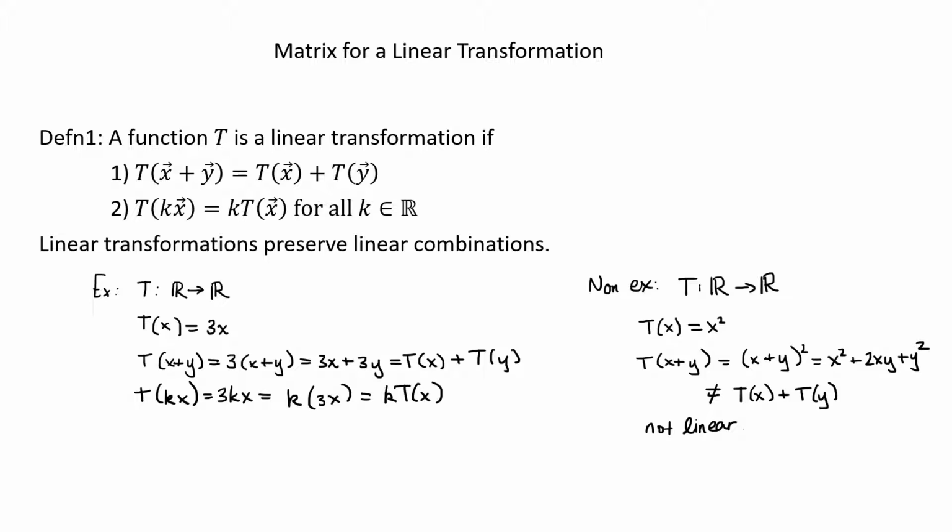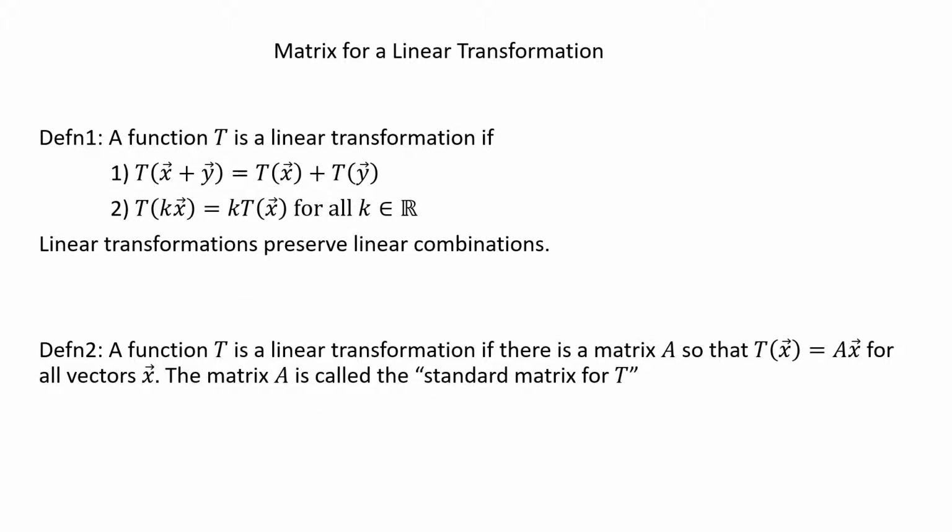Next, we're going to look at another way of showing that a function is a linear transformation. Another way of thinking of linear transformations is as functions where we get our output by multiplying the input by some fixed matrix called the standard matrix.